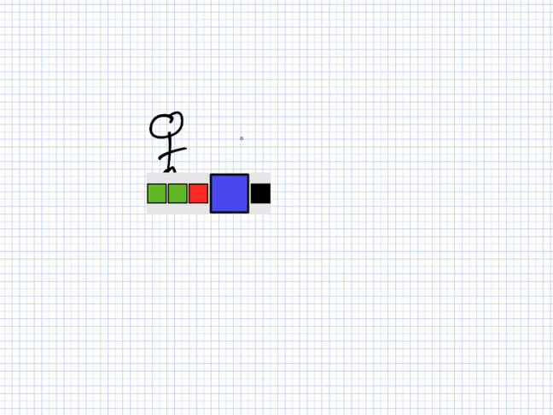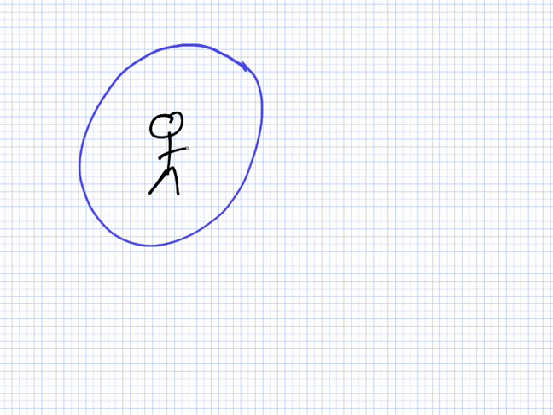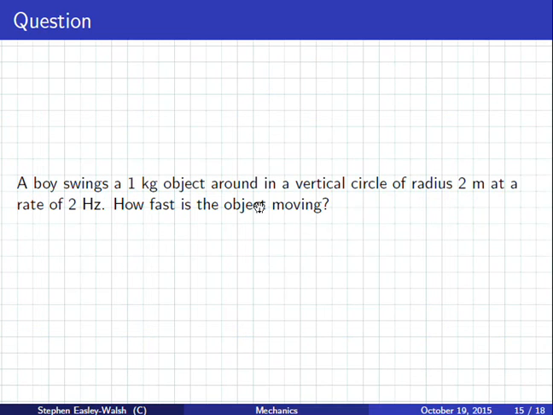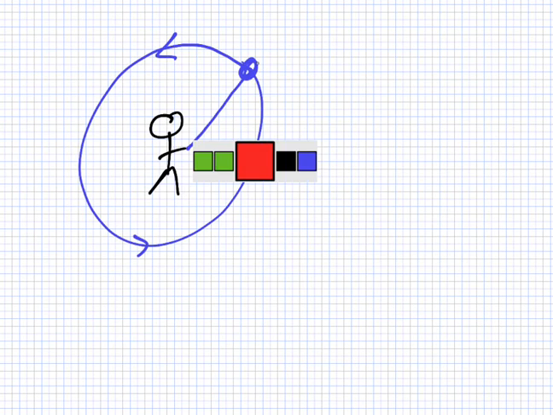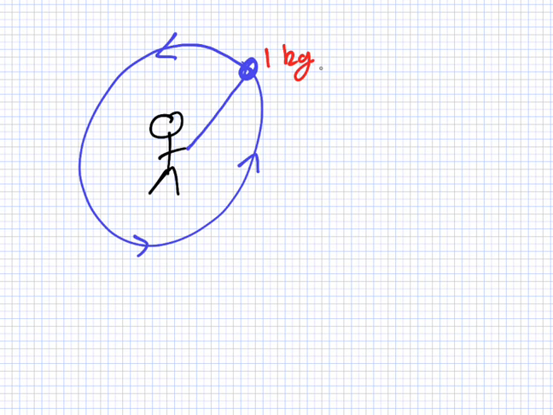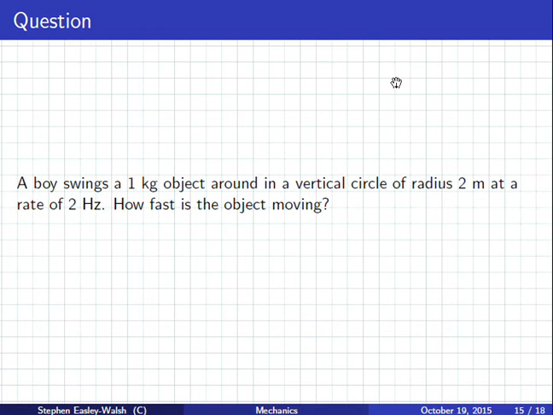So what you have is our boy, and he is swinging around a big rope. So this is going around and around. And I tell you it is 1 kilogram, and the radius is 2 meters and it's 2 hertz.